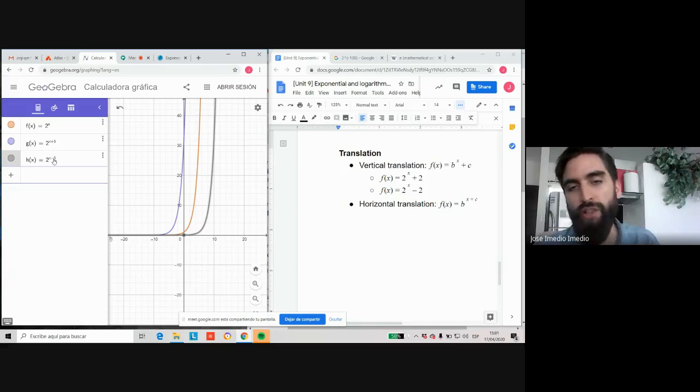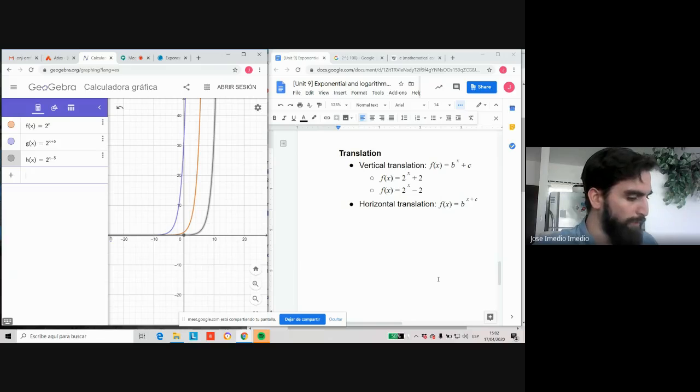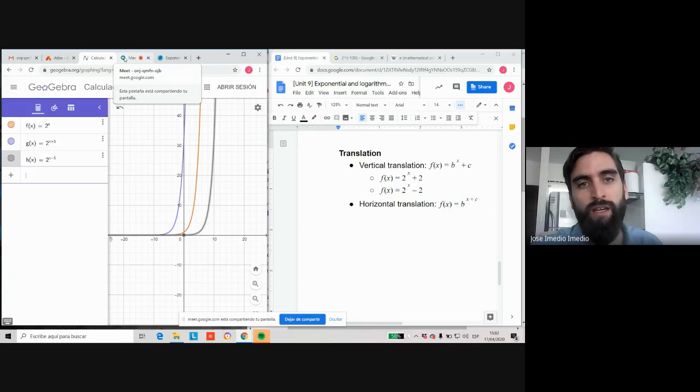You will have to learn that later in math. But if you know that, it's easier for you to solve these exercises in IXL. And I'm going to stop here, and I will continue in another video with the solution to a graphing exercise.